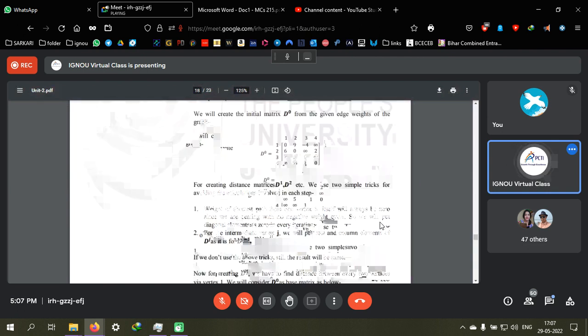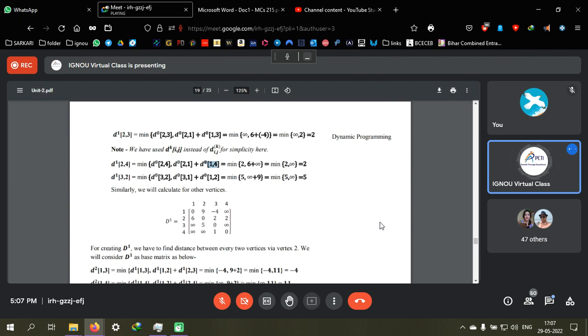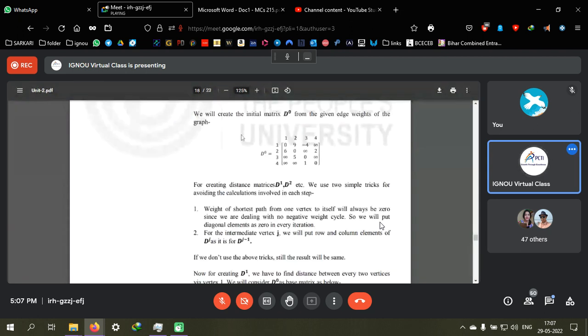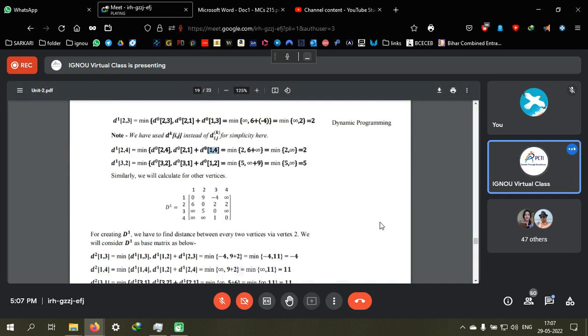And 2, 1, that is 6, plus 1, 4. 1 comma 4 is equal to infinity. If we add infinity to some number, that is greater than 2, and I need a minimum value. Minimum value is 2.